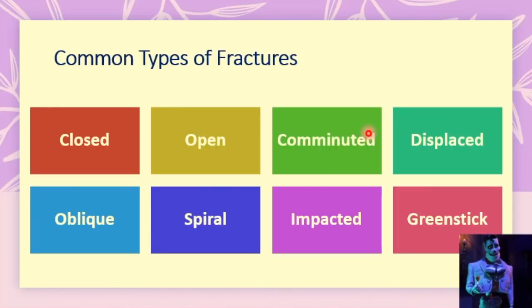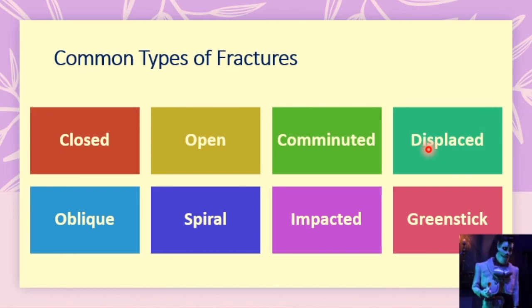So here are other types of fracture. Closed and open we've discussed, and comminuted we have shown to you. Your displaced fracture, class, is out of alignment already. Now you have oblique and spiral. Spiral, class, would involve somehow a rotating type of injury, which would include several fragments of the bone broken.